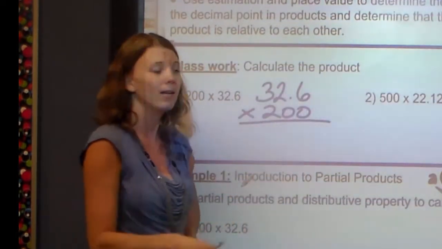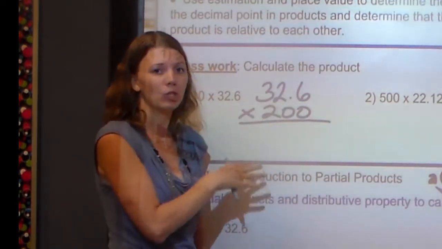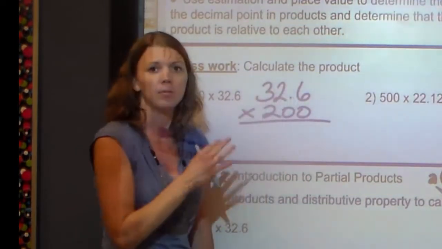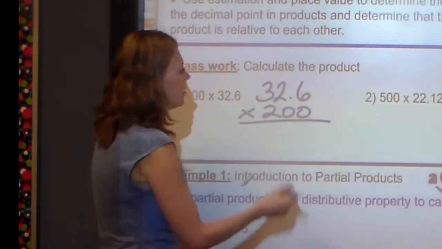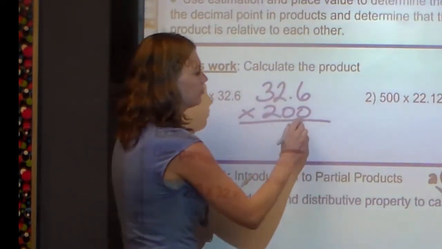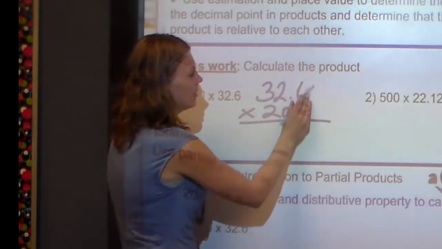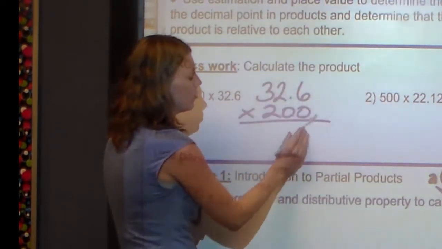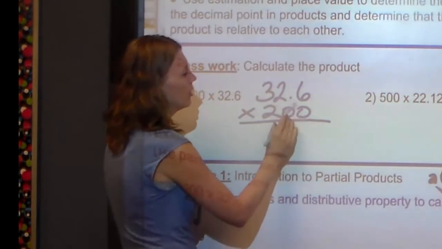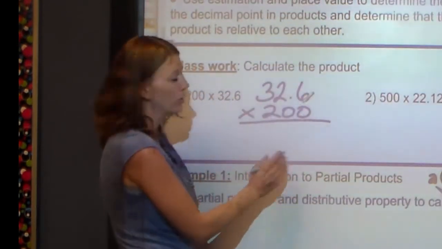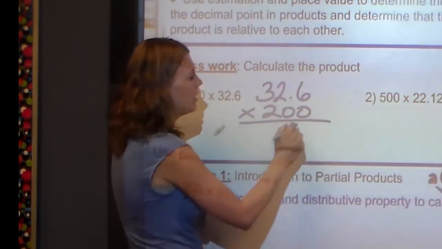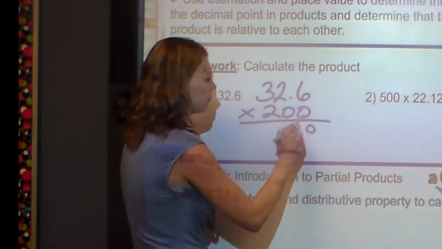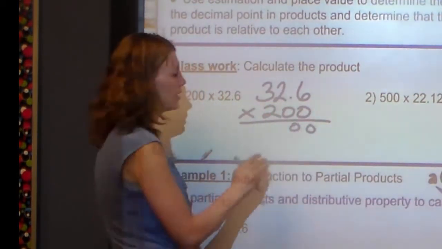Please do not do that. Just line up the digits and ignore the decimal point temporarily. So when I have two zeros here, instead of multiplying 326 by 0 and putting a placeholder, and multiplying 0 by 326 and putting another row of zeros, I'm just going to add 2 zeros here. Saves a lot of space.